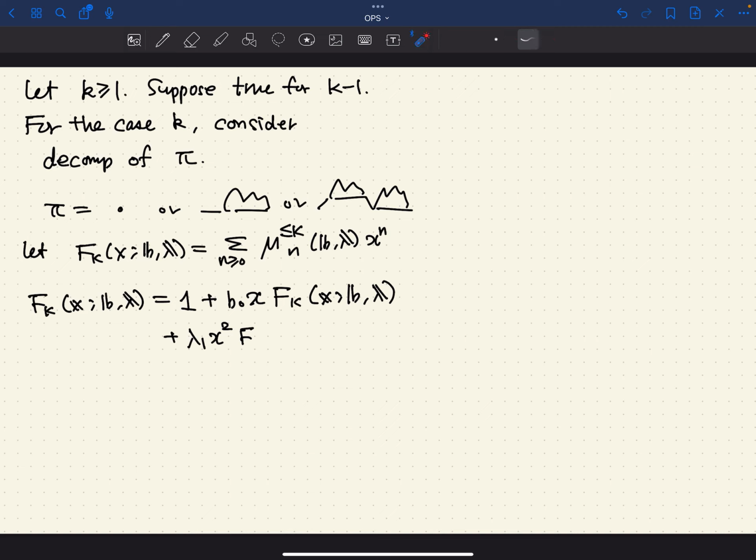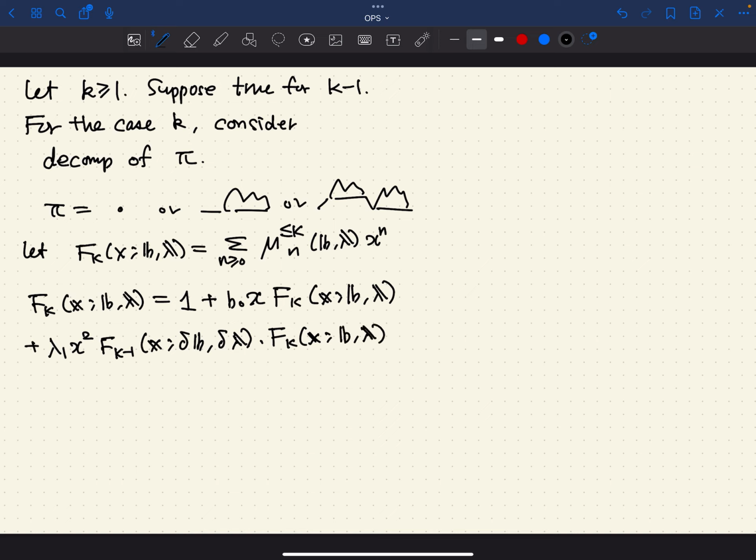But here, if the maximum height is k, what is the maximum height of this? k minus 1. So we have to change this into k minus 1. And then we shift in the usual way. Times k, that's the same.